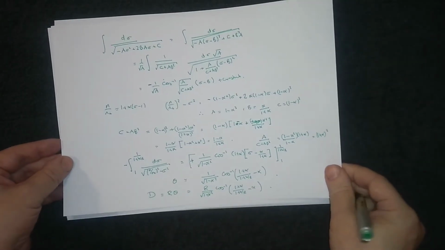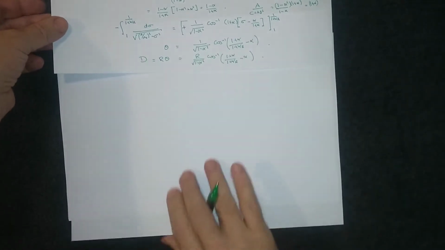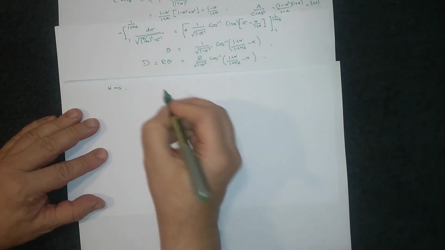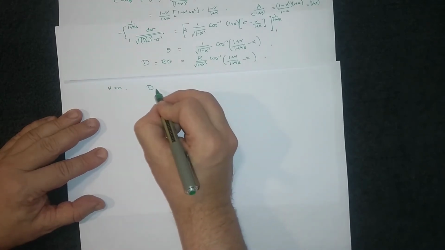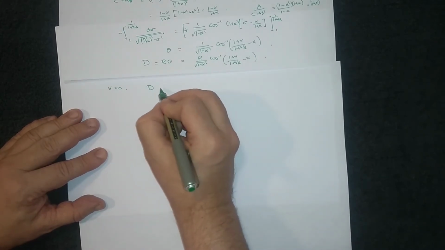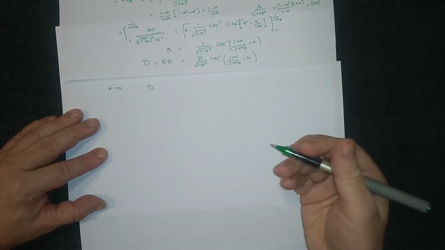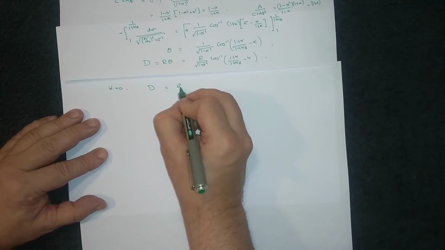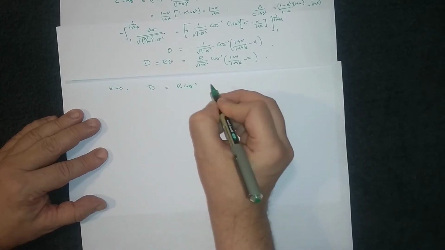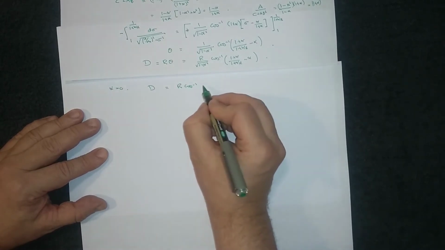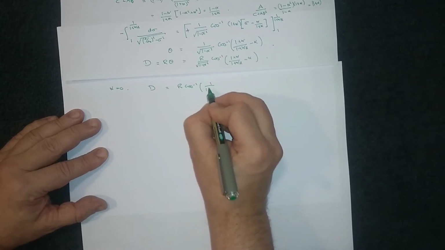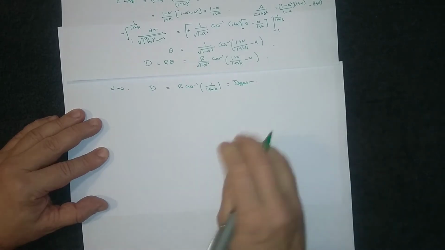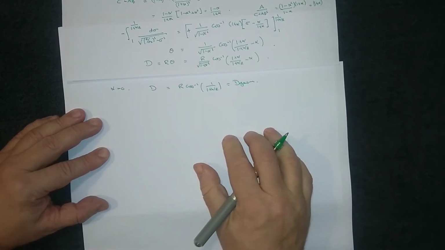Let's look at the special case when alpha equals 0, so this is the case when the refractive index is constant, so this should give me the geometric horizon. So we get R inverse cos of 1 over 1 plus h over r, which is indeed the geometric horizon. So that's a consistency relation.